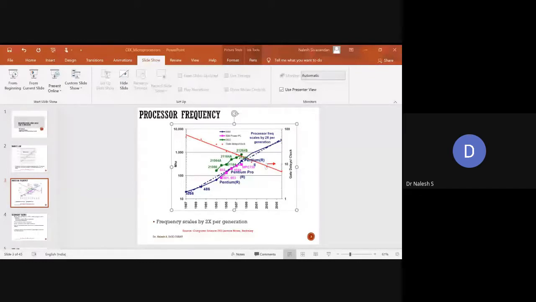One way to express the execution time is to measure the cycles per instruction and then use the frequency. How many cycles are taken for completing an instruction, and what is the cycle time? The cycle time depends on frequency; it is going to be the inverse of the frequency.